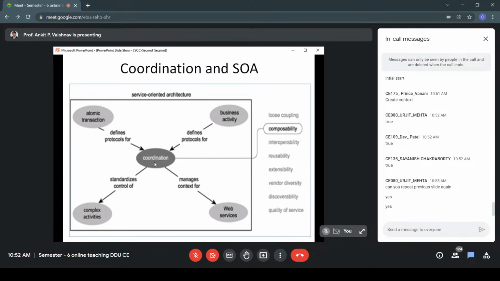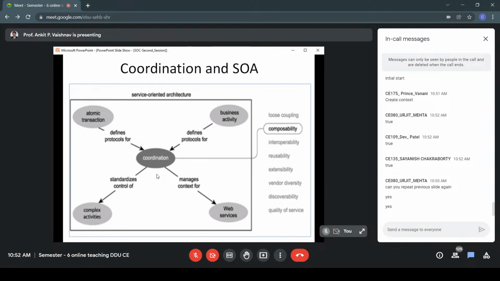Now the bottom part says what the benefit of coordination is. Suppose it is asked in an MCQ or in a short question, what are the advantages of coordination? You can say that it provides a standardized control of complex activity, because complex activity requires management, and that management is provided by coordination.